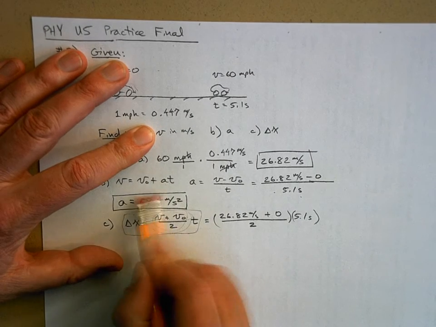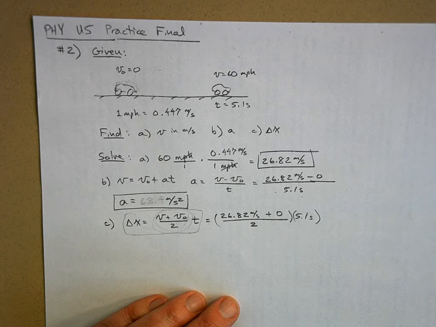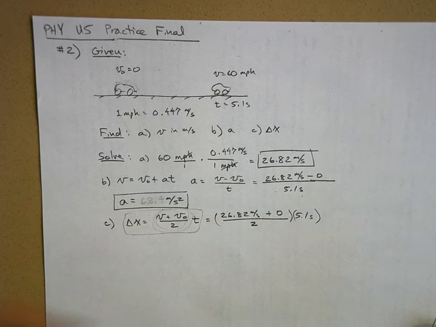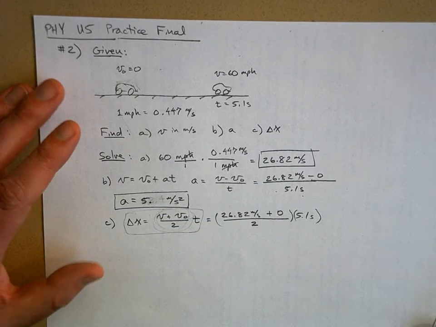I wrote down the answer for part C accidentally because I was looking at the wrong thing. 26.82 divided by 5.1. There we go, 5.26, right?